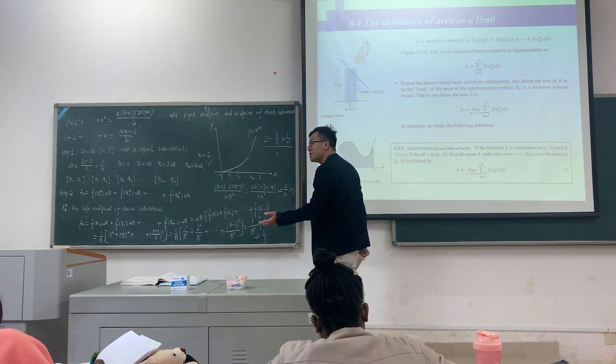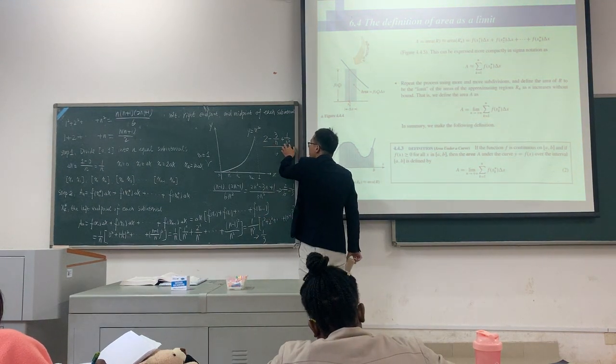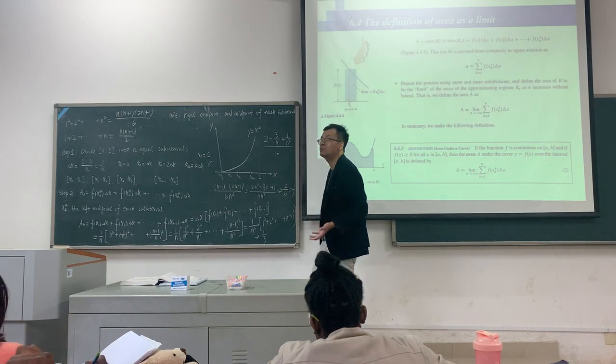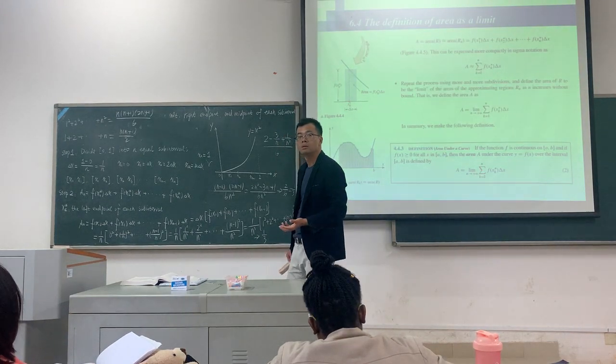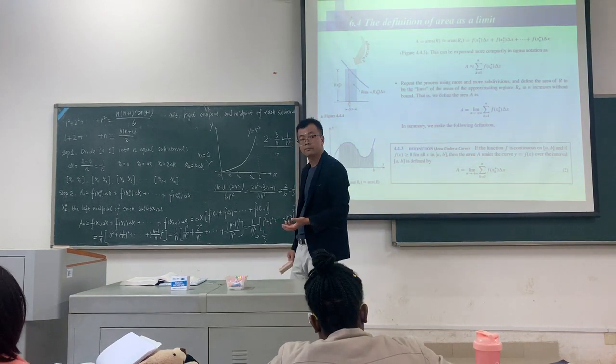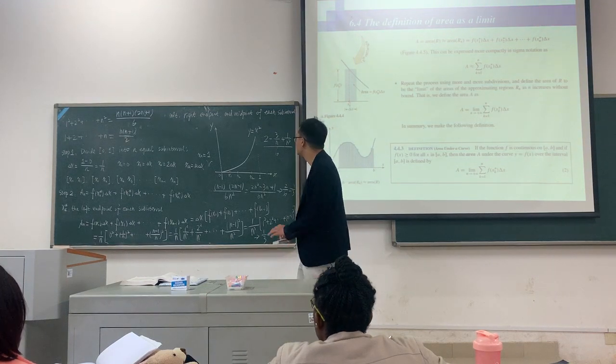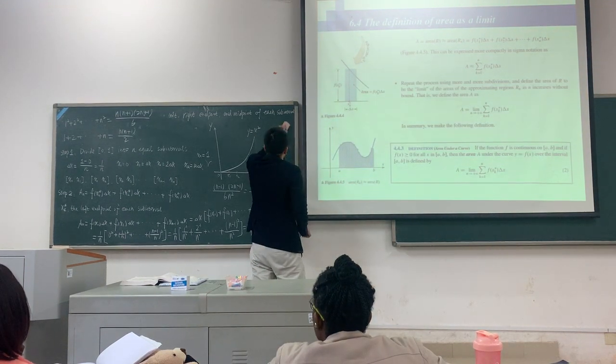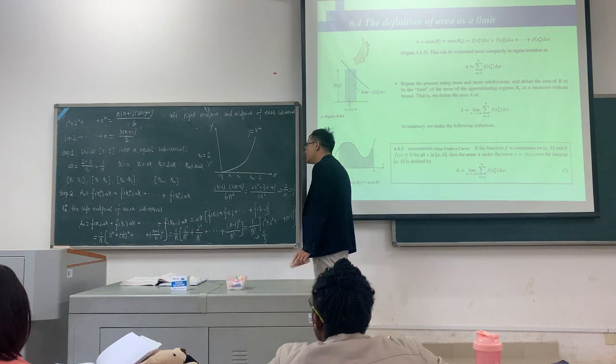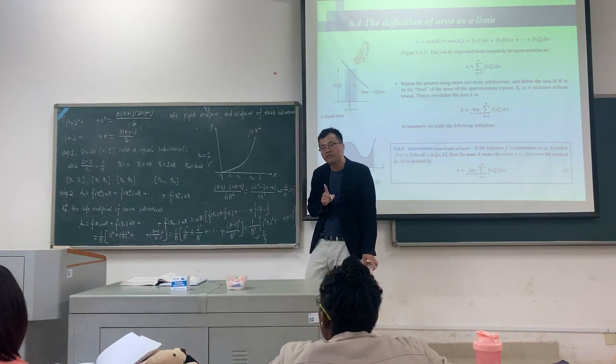When n goes to plus infinity, this part goes to 0, this part goes to 0, so actually this goes to 2/6. Yeah? So now, this is where we use the left endpoint.